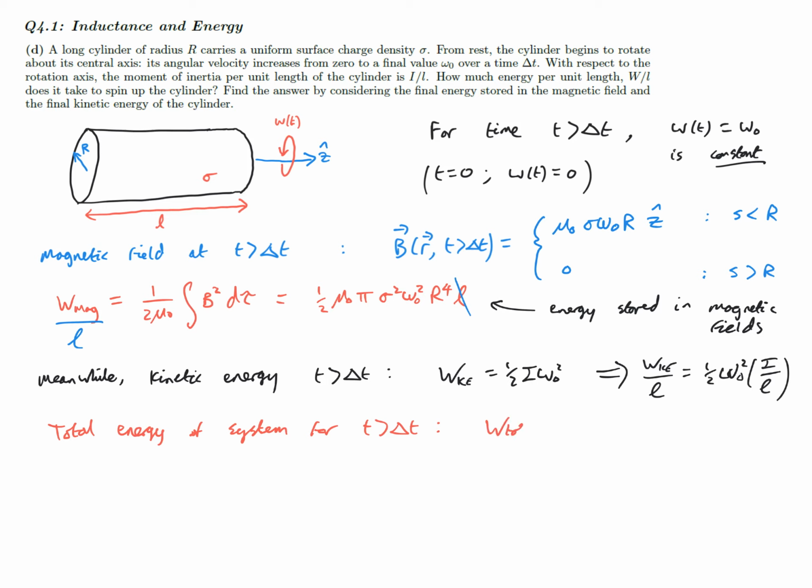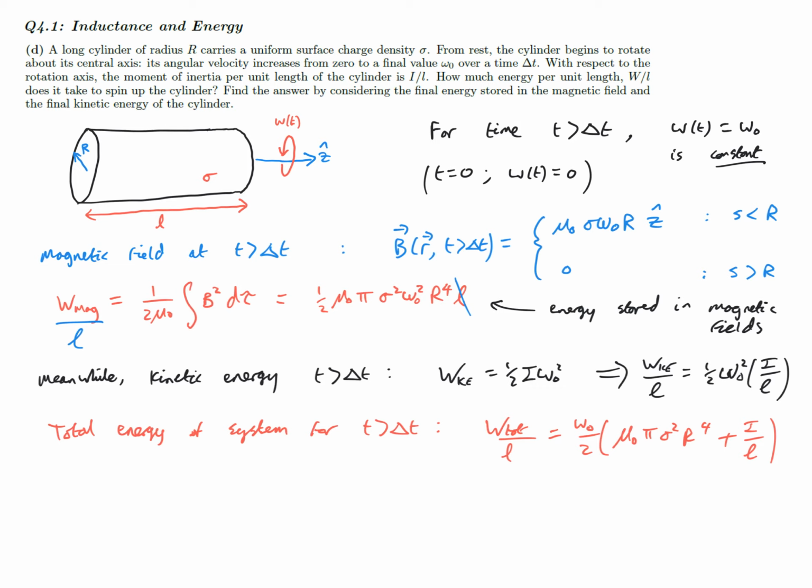I'll call that the total energy, W total, per unit length divided by L, and I can just collect up some of these terms. Omega naught over 2, mu naught pi sigma squared r to the 4, plus I over L. So that's the final energy stored in the system.